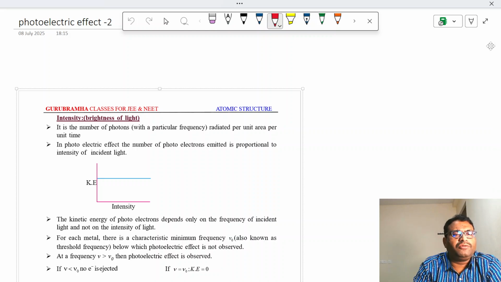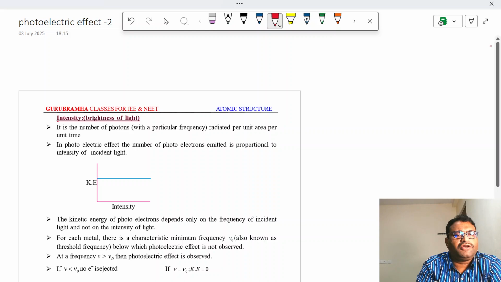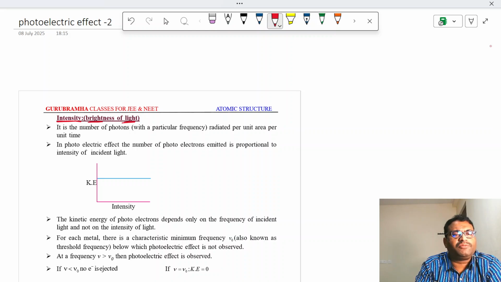So next, coming to intensity, what we are speaking about, intensity of incident radiation, or intensity, which is also called as brightness of light. In other words, it is discussed as number of photons with a particular frequency radiated per unit area per unit time.